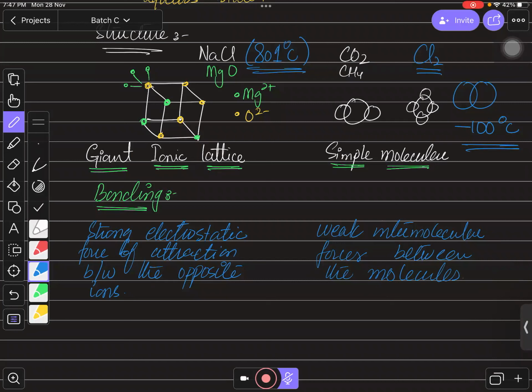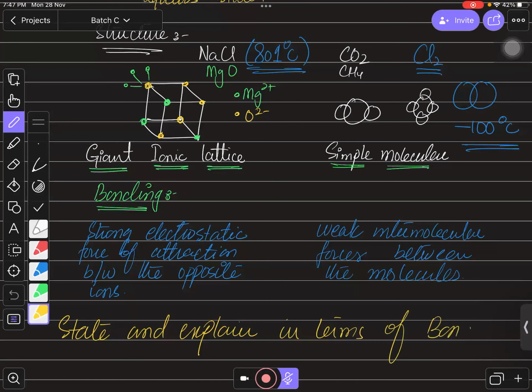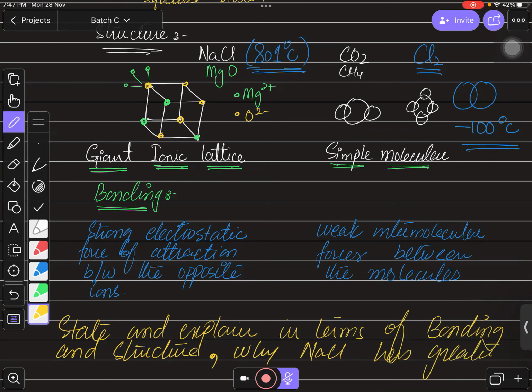So the question is: state and explain in terms of bonding and structure why NaCl has a greater melting point.